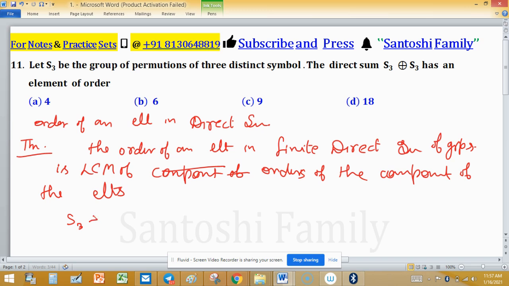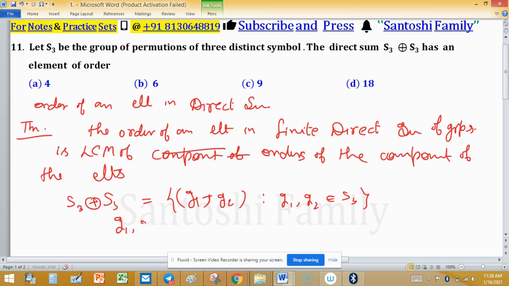Here S3 direct sum with S3, an element looks like (G1, G2), where G1 and G2 come from S3. So the order of (G1, G2) will equal the LCM of the order of G1 and the order of G2.